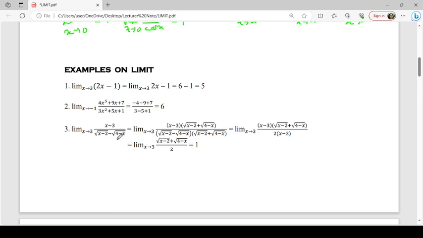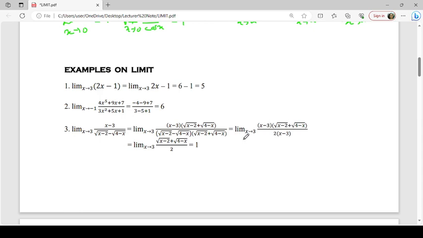What does it give? x minus 2 minus 4 plus x. So we are multiplying this by the expression with the sign changed, this plus, this minus, which we call the conjugate. The denominator also we are multiplying, and after multiplication the numerator becomes 2 into x minus 3, and here also we have x minus 3, which means we can cancel it out.